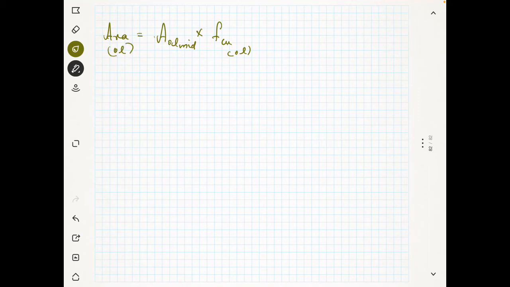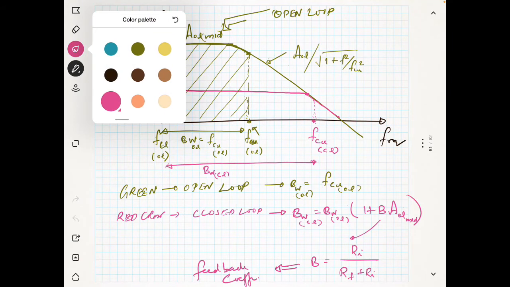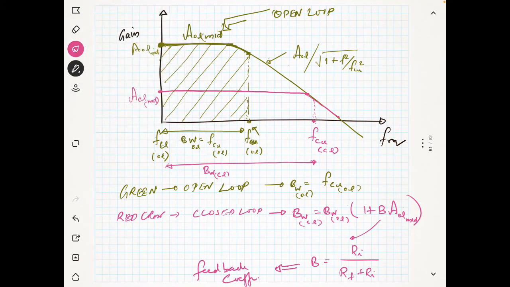Now we will see what the area is in closed loop. In closed loop, you see here, it goes up to this and then goes down, right? So the area is this much. What is this portion? You see this width is the closed loop mid gain, and this width is FCU closed loop.